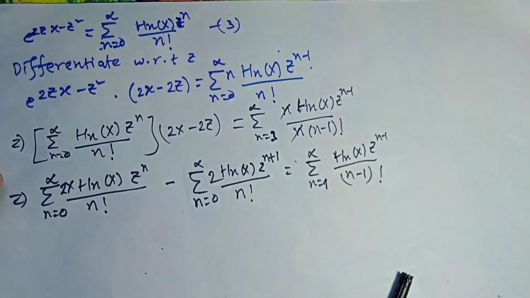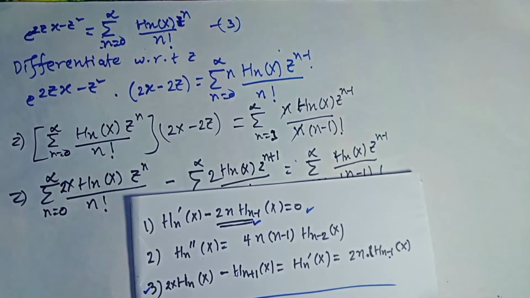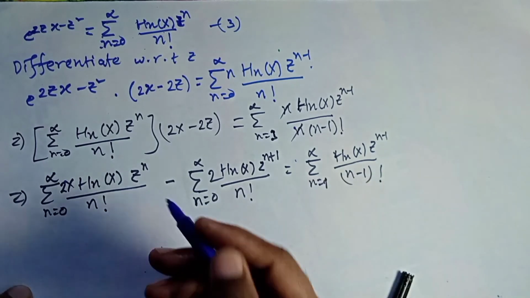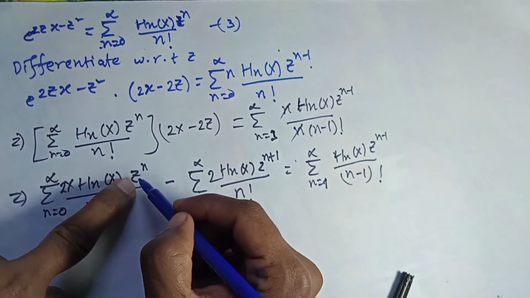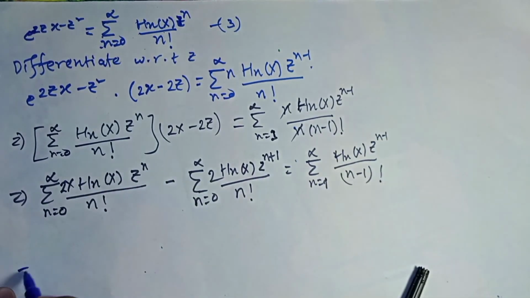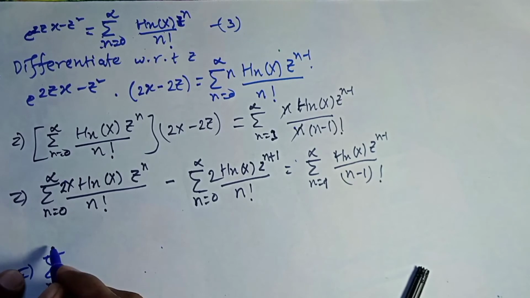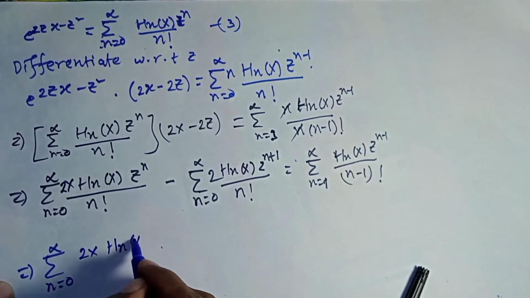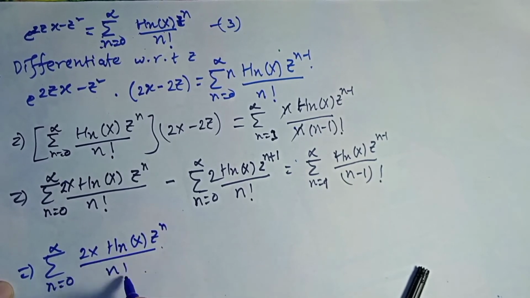Then we see that here the power is n plus 1 and here it is n minus 1. We try to make the power z to the power n. Here z to the power n already exists: the summation n is equal to 0 to infinity of 2x Hn of x, z to the power n divided by factorial n.